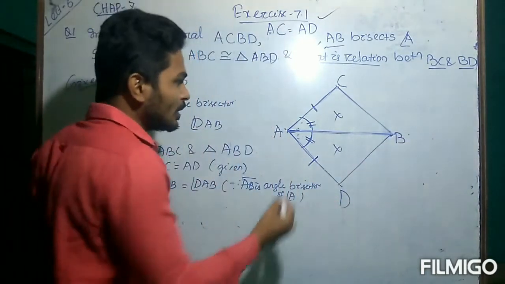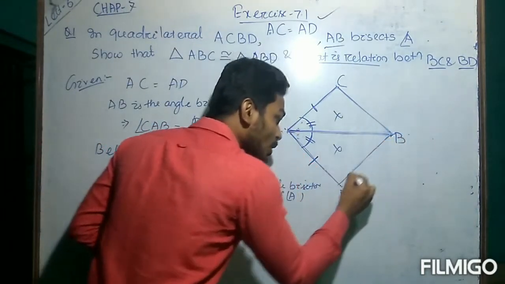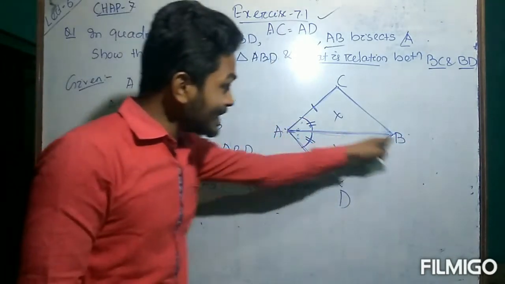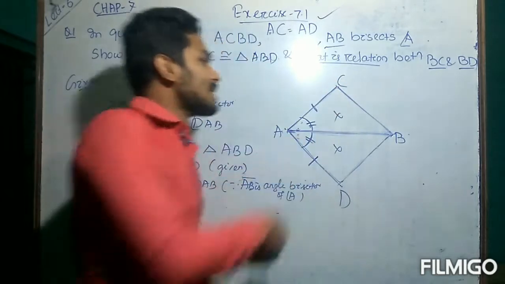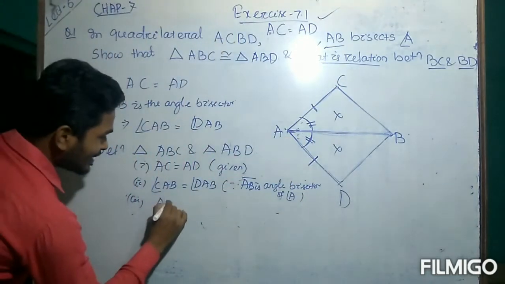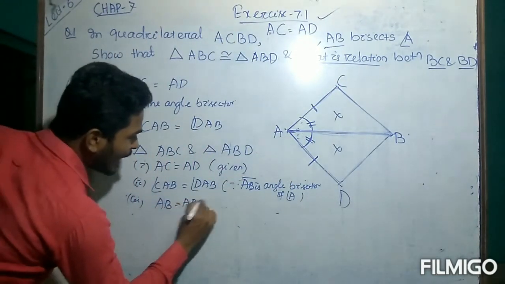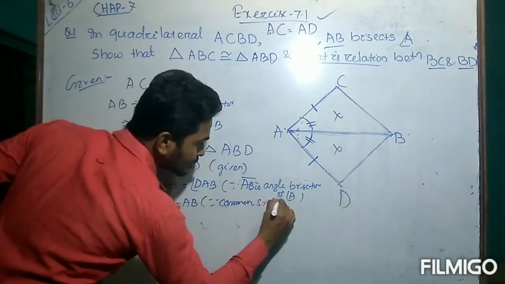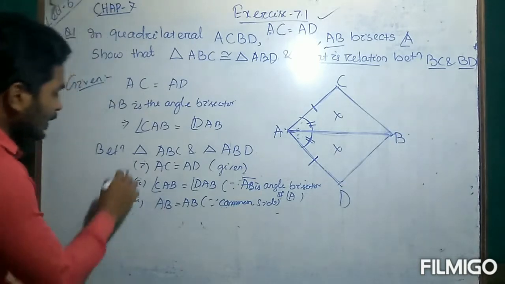Understood? Now the third point is AB is a side of this triangle, isn't it? Yes, it is true. And AB is also a side of this triangle ABD. So AB is a common side to both triangles. So AB is equal to AB. Why? Because they are a common side. So what do we get here?